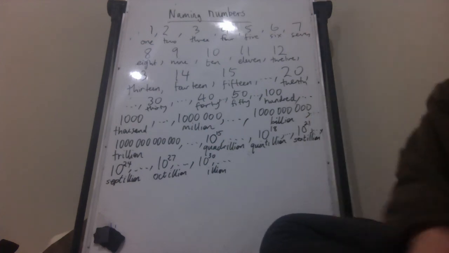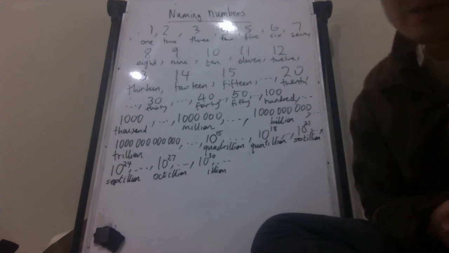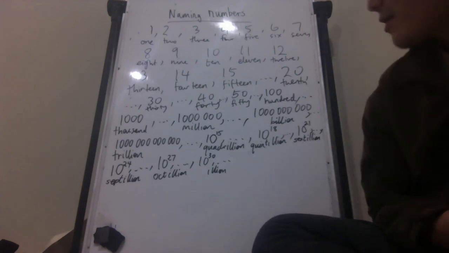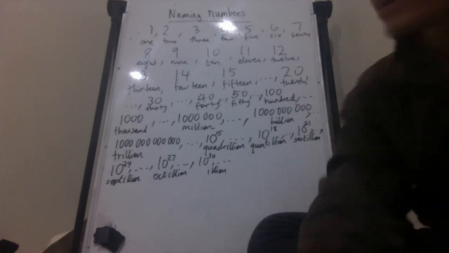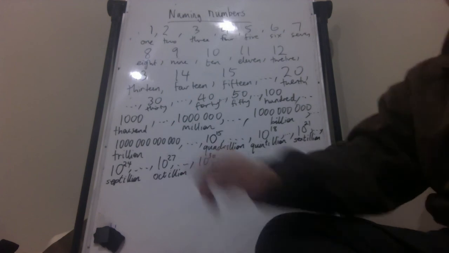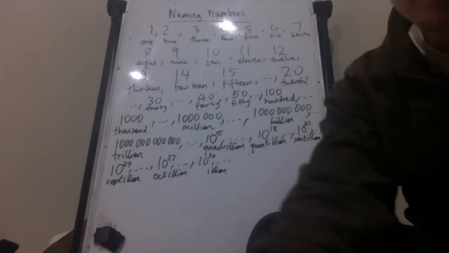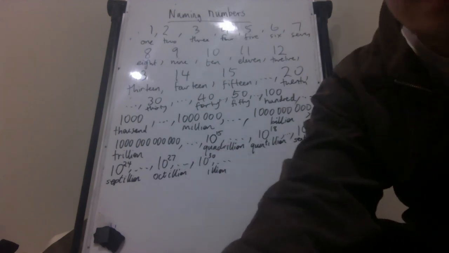No, I guess these are all US numberings, so maybe in Britain they're not the same. So can you tell me what should go here? Something that means 9, right?